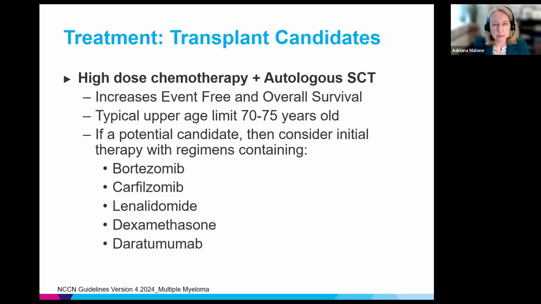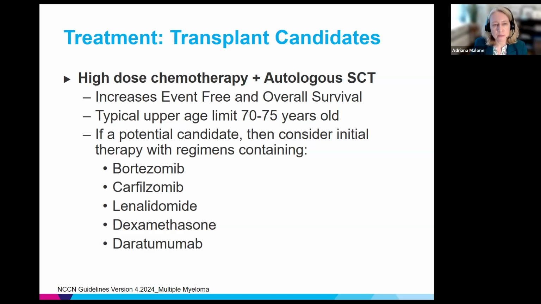Autologous transplantation in multiple myeloma has now been performed for over 20 years and has been shown to increase both event-free and overall survival. The typical upper age limit for autologous transplants in multiple myeloma ranges from 70 to 75, but again, it is highly individualized based on the comorbidities that are present as well as the patient's performance status.